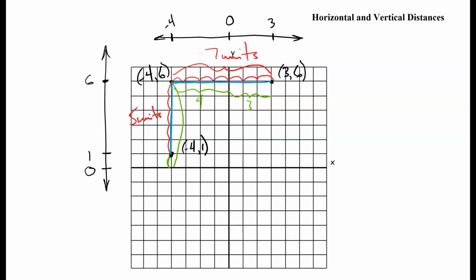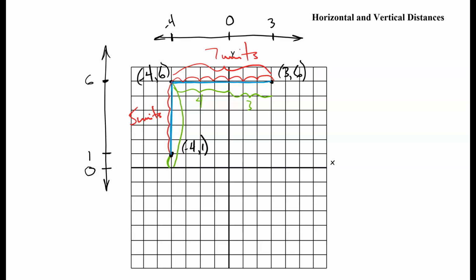So in each of these 2 examples, since each pair of points has either the same first coordinate or the same second coordinate, it's not difficult to calculate the distance between the 2 points. We just treat the x-axis or the y-axis like the 0 point on a number line, and we can calculate the distance between the points by adding or subtracting, just like we've done before.